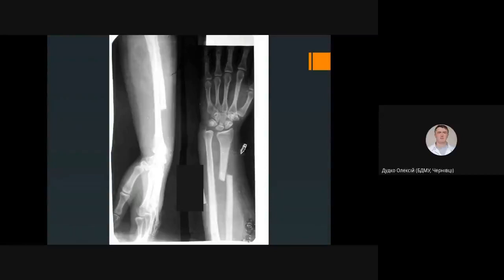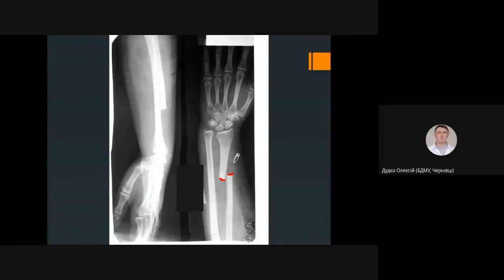On the AP view, we can see that there is a fracture, and the fracture line is perpendicular to the axis of the bone. That means that we have a transverse fracture of the radius in the middle third. Another thing we should describe is the displacement.